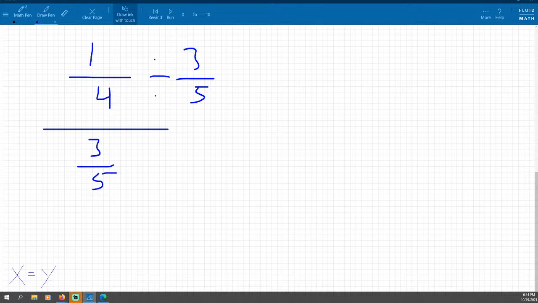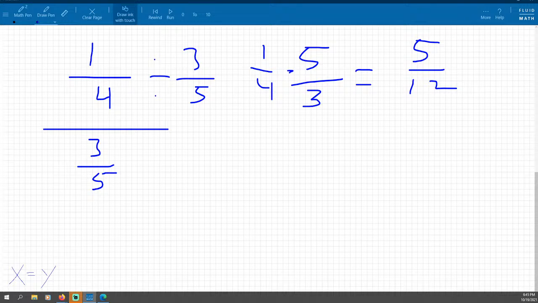This is the divisor. Remember, change it to multiplication by doing the reciprocal. Now, can we reduce anything in this? 1/3, 4/5? Nope. So we end up with 1 times 5 is 5 over 12. 5/12. And then this is a proper fraction, so that's the end of that.